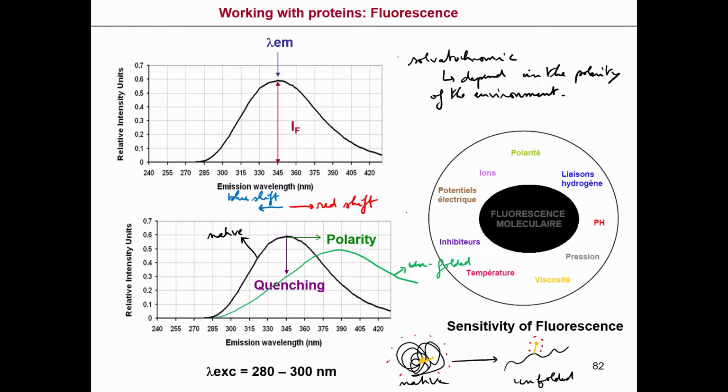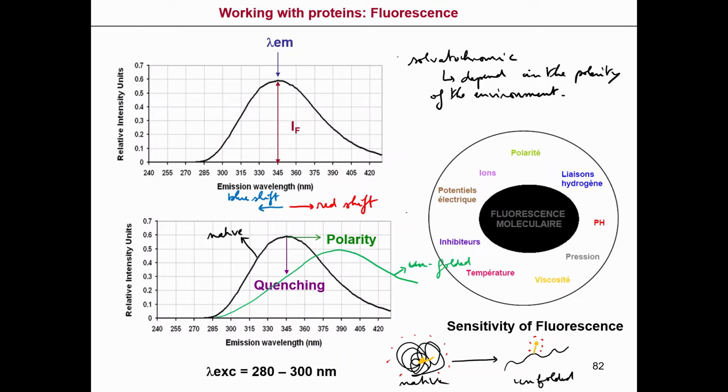the solvent. For example, if you have a molecule in benzene, which is an apolar solvent, and you record the emission spectrum of the same molecule, but this time in water, you should observe a redshift in the emission because you increase the polarity of the solvent.